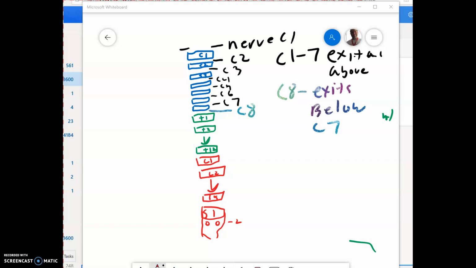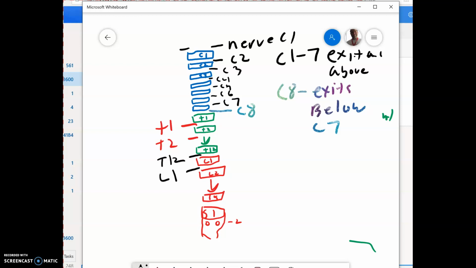Thoracic are much better behaved. We have T1 exiting below the first thoracic, T2 exiting below the second, and what do you think about T12? Yep, below the 12th thoracic vertebrae. So what do you think? Where do you think L1 exits? Correct, underneath the lumbar vertebrae.